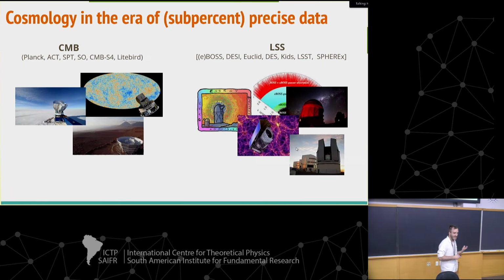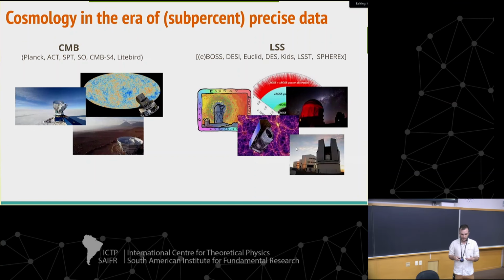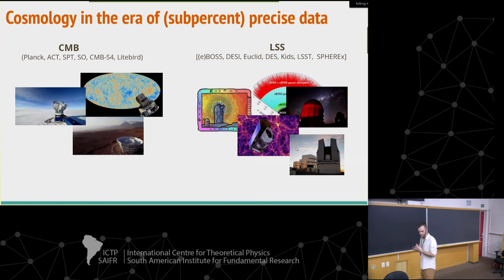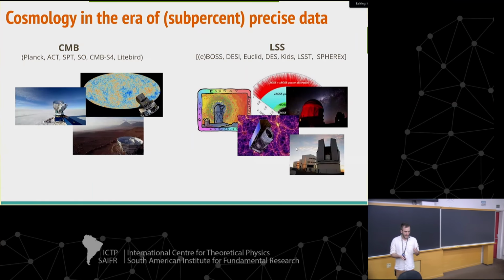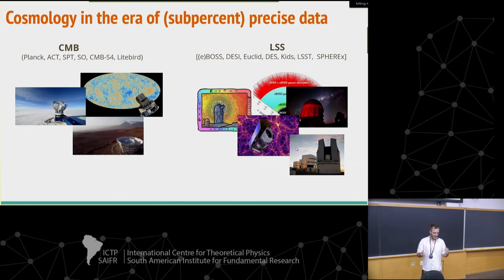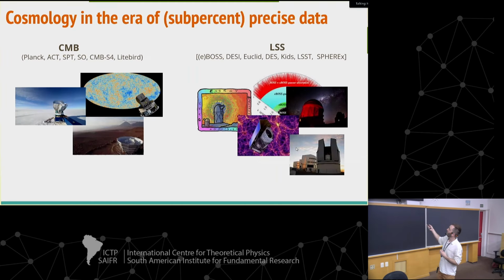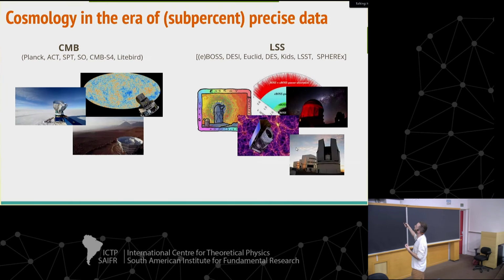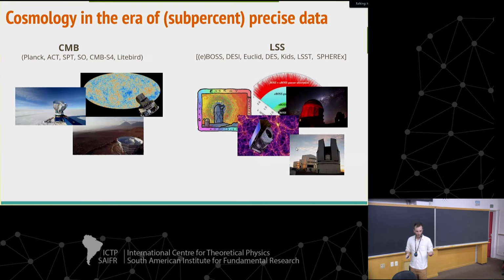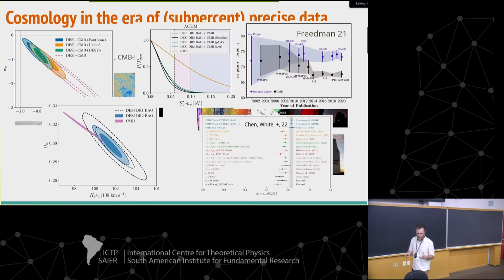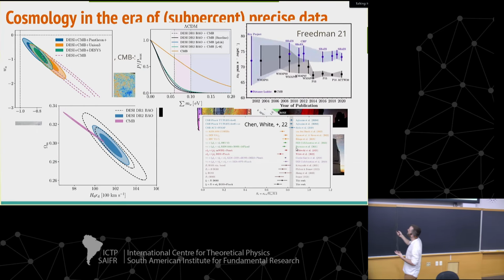Also, on the LSS side, we are very excited because we have DESI with the new data release that they just had. Also, Euclid, DES that have been around in the last 10 years, KiDS, LSST, and SPHEREx. So we're very excited. We have a lot of data, and the common lore is that we have super precise data.